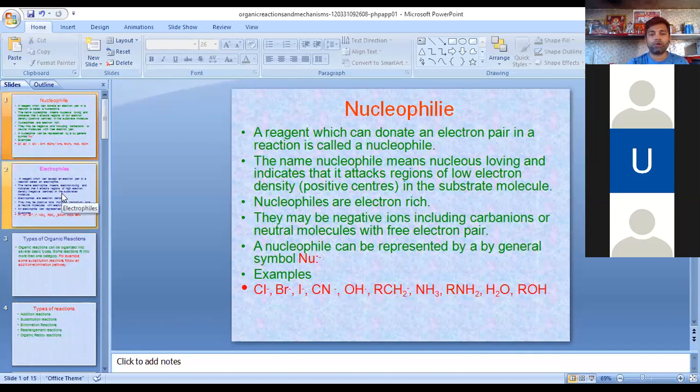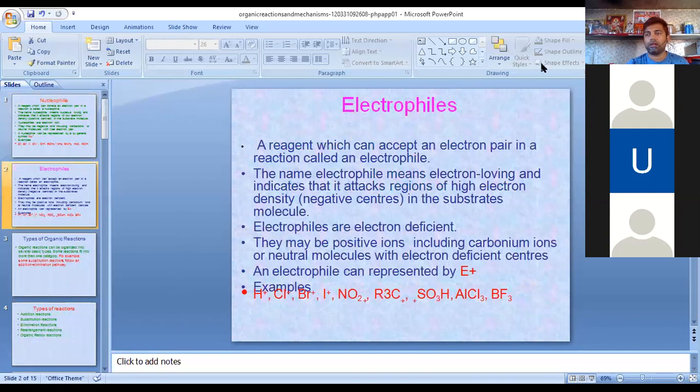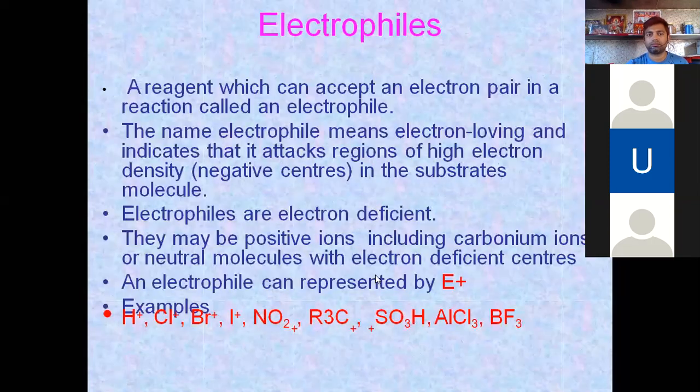Now we come to electrophiles. So what are electrophiles? A reagent which can accept an electron pair in a reaction is called an electrophile.